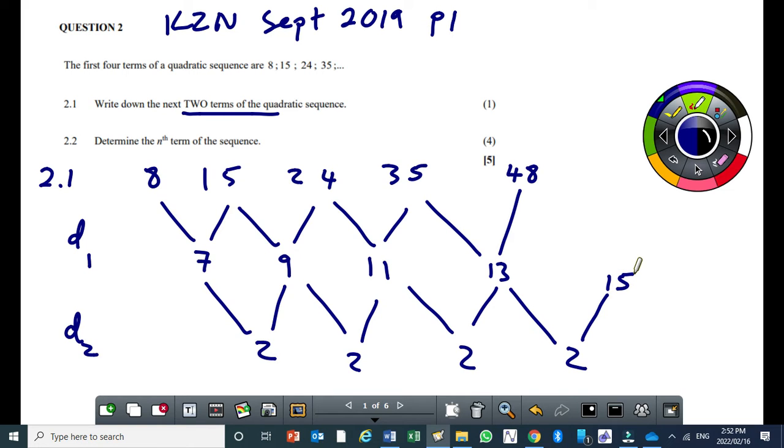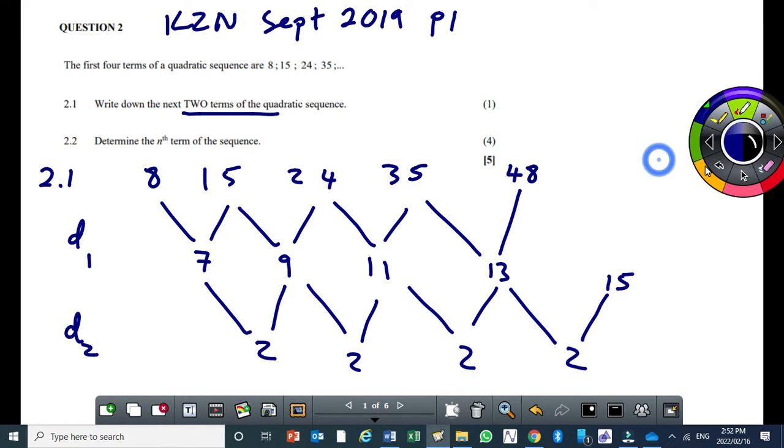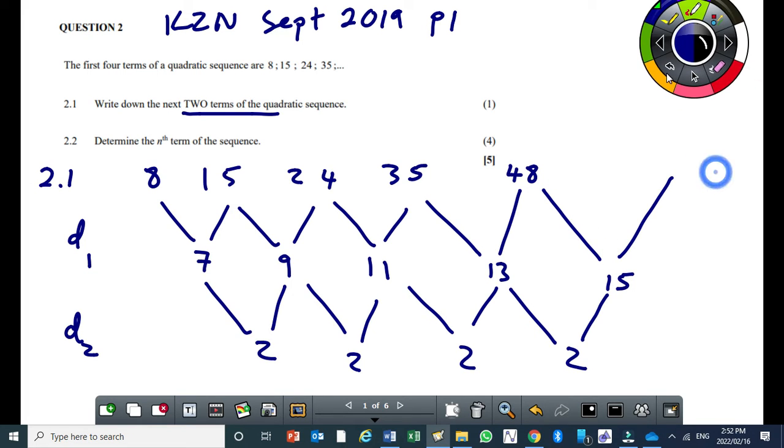Then to get the next number, you add these two. 48 plus 15, and you get 62. Are you following? So to find the next two terms, you may need the second difference. So this is the fifth term, that's the sixth term. Alright? Are you following that?